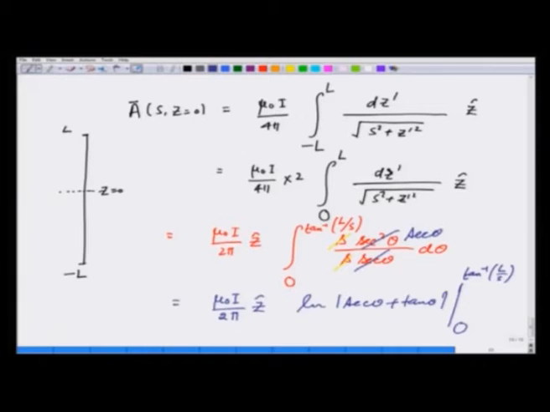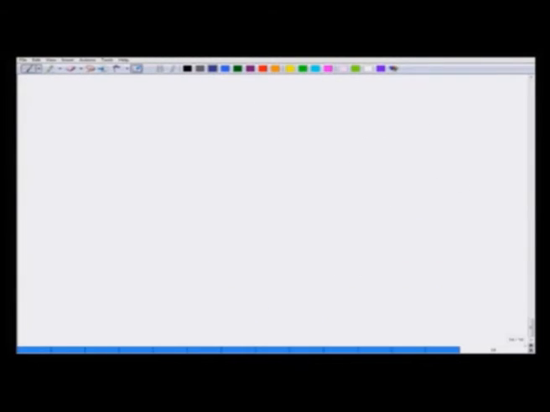So, that gives me 0, and so A at s, z equal to 0 comes out to be mu naught I over 2 pi in z direction log of, tangent of tan inverse L over s gives me L over s, plus square root of 1 plus L squared over s squared, which is the secant theta.